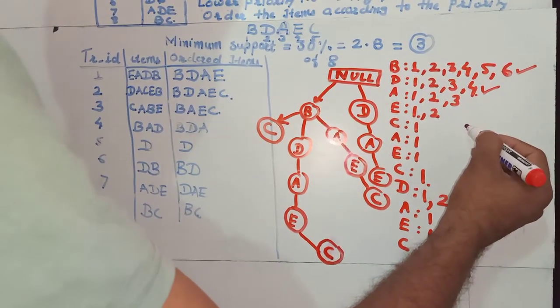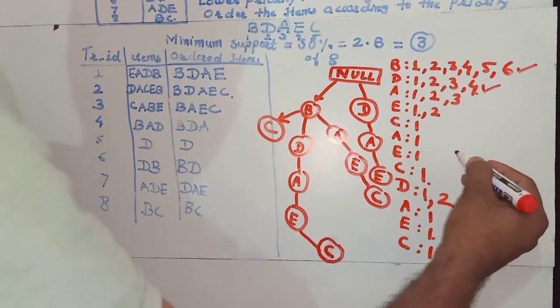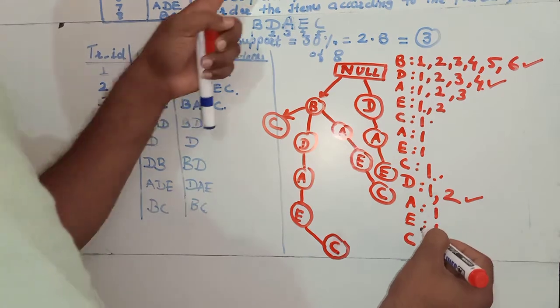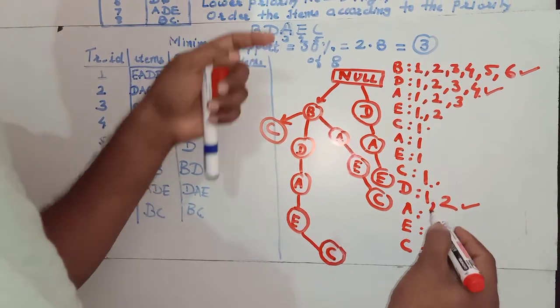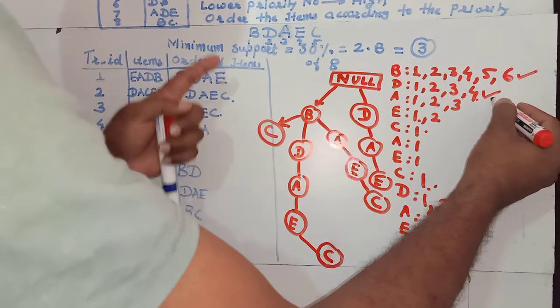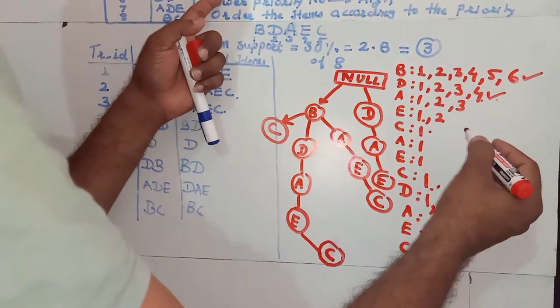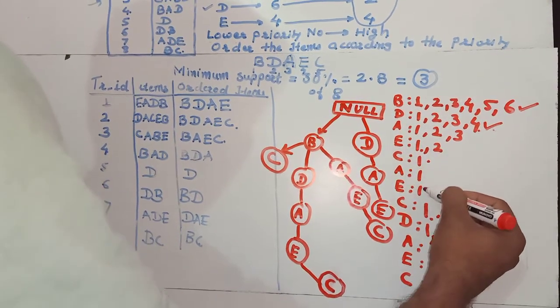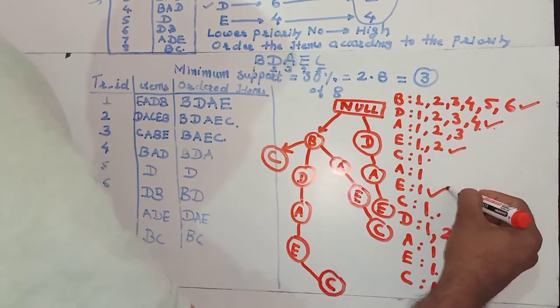Similarly, C, you check out the frequency of C. So C has frequency 1, 2 and 3, right? As the previous frequency. Frequency of D we have already seen, that is matched. Similarly, frequency of E is 4. So here 2, then 3 and 4.